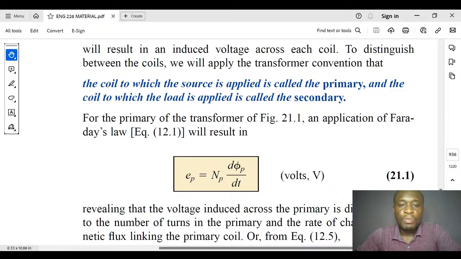Now, you see the formula. This is the basic formula for the mutual flux and the changing voltage of a transformer.